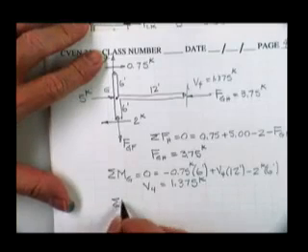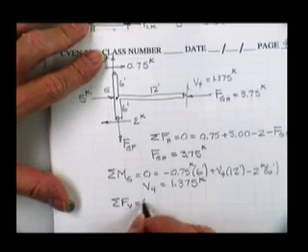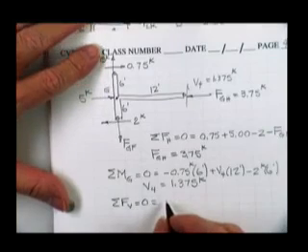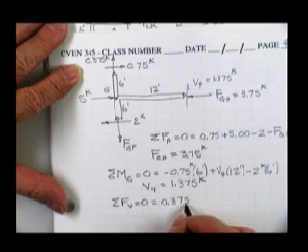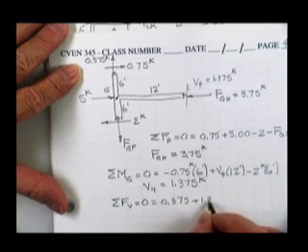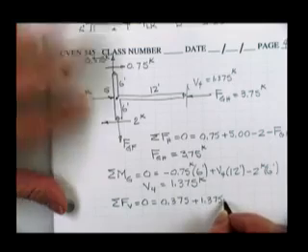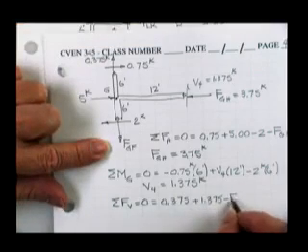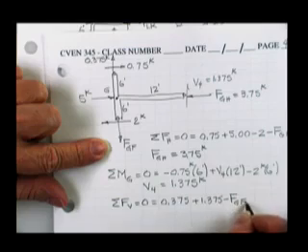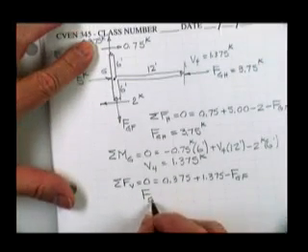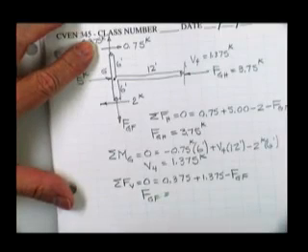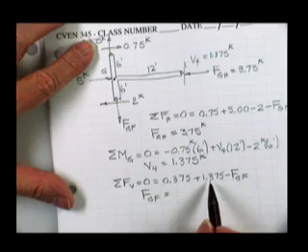And sum of the forces vertical now. Sum of the forces vertical is equal to 0 is equal to 0.375 plus 1.375 minus the force in GF. And so you know that. Force in member GF is equal to 1.75.